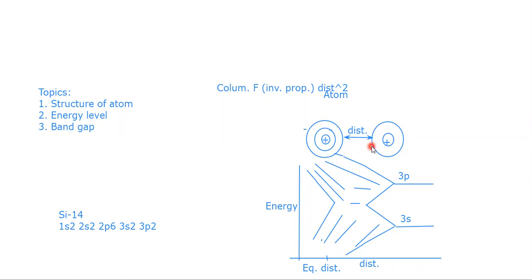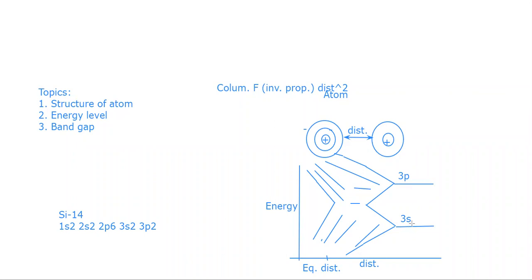So you take a silicon material at equilibrium, at room temperature and air pressure, with no electric current or magnetic field supplied. That crystal will have a specific distance between two atoms, and that is called the equilibrium distance. I hope you understood this.